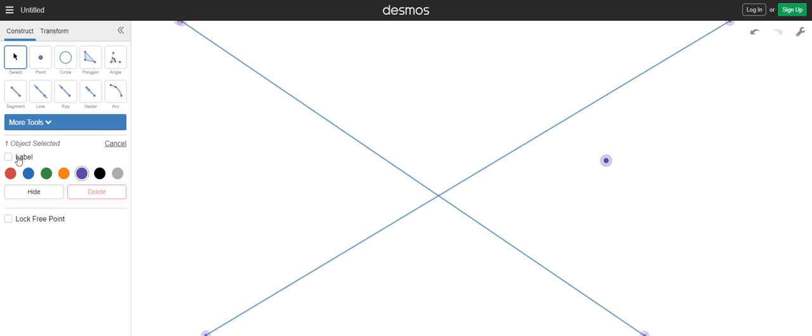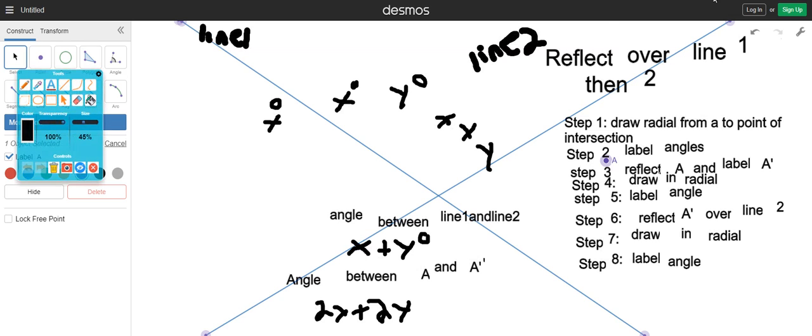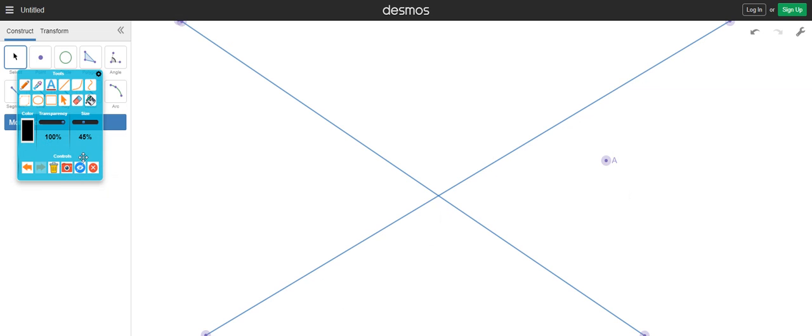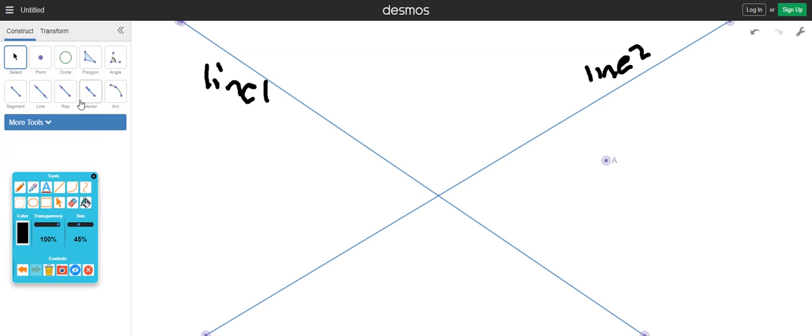So here's A. Okay, we're just going to label this line 2, line 1. And instead of doing all that fun and exciting typing of the steps, we're just going to actually do it.